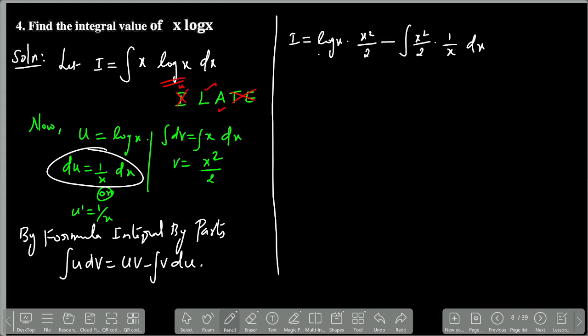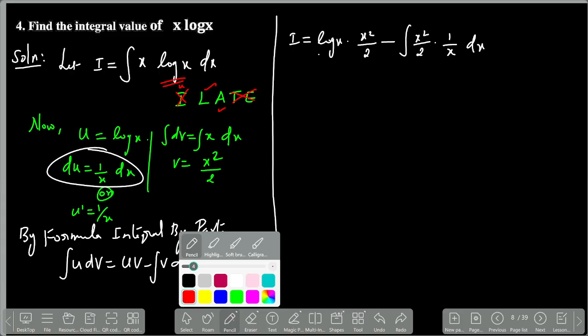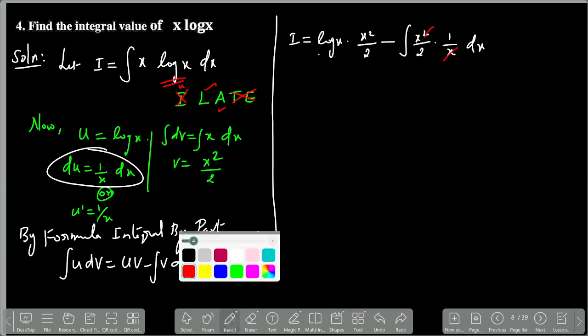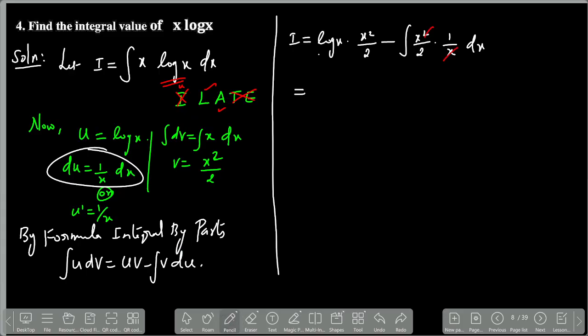What is finally here? Which one is cancelled? X square, x is cancelled. What remains? That is the final answer: x square by 2 into log x minus the integral, taking 1 by 2 outside, 1 by 2 into the integral of x into dx, that is finally plus c.